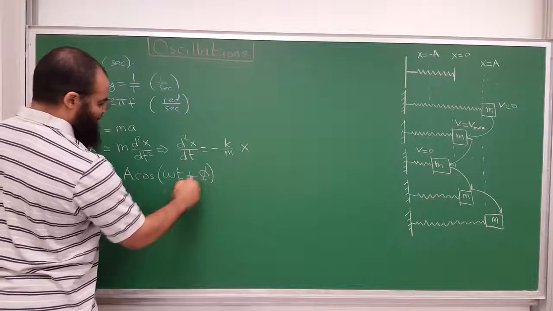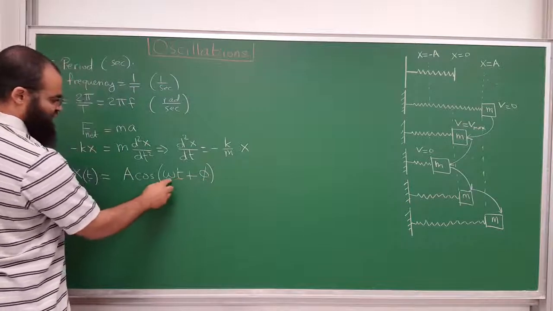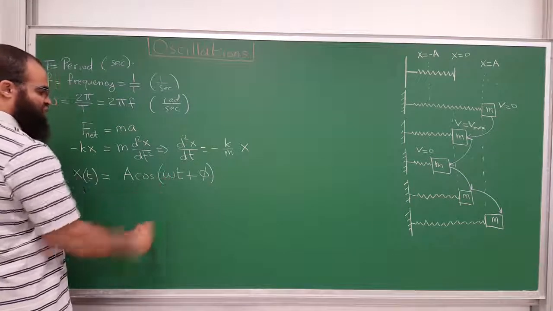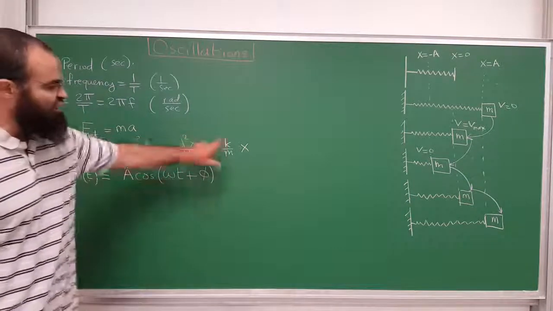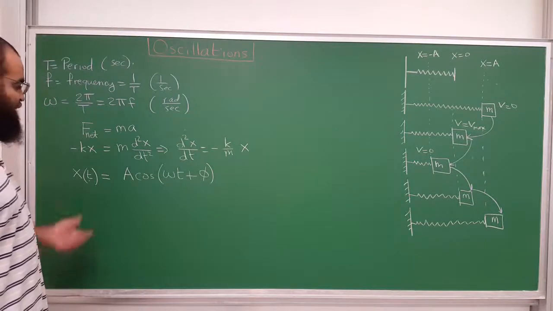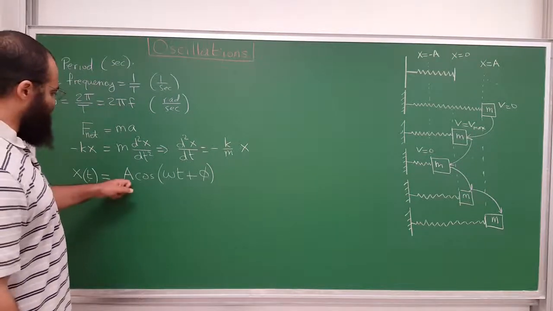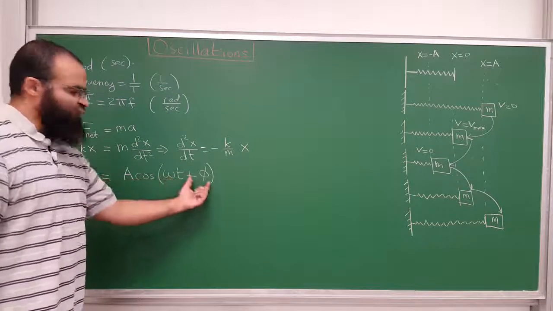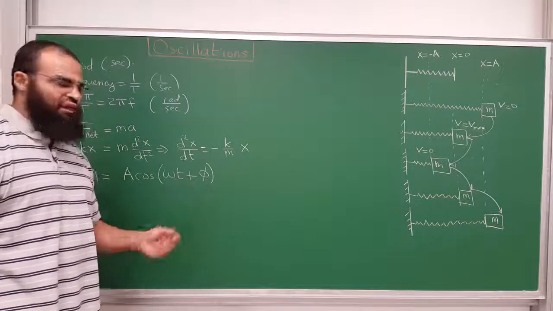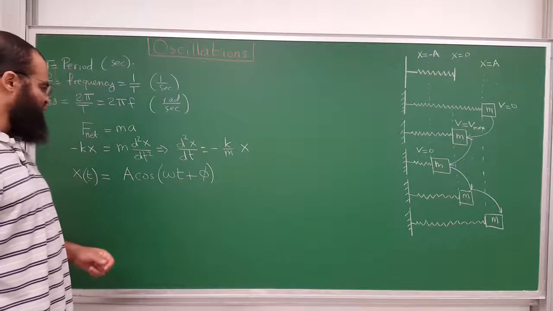This is called the phase, this is the time, and this is omega. I call it omega because it's related to the period and to this k over m. This is the most general solution. You can put A times the cosine of omega t. Usually phi is chosen to be 0; the initial conditions give you that.